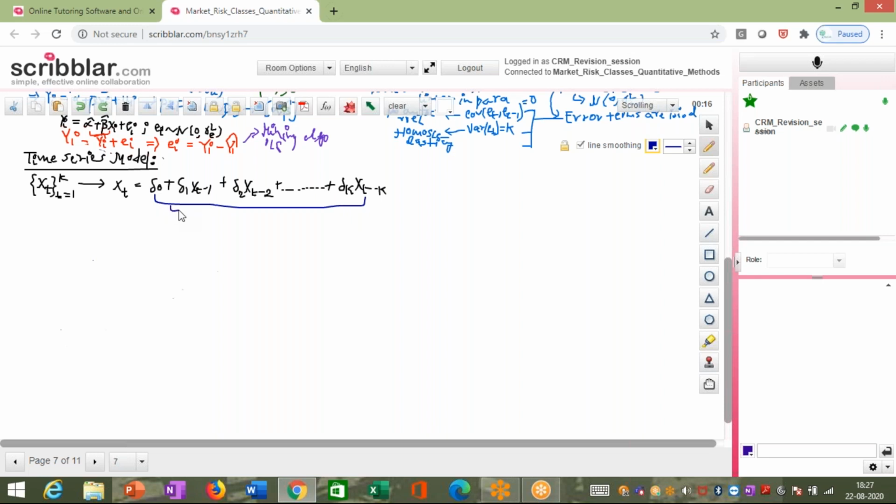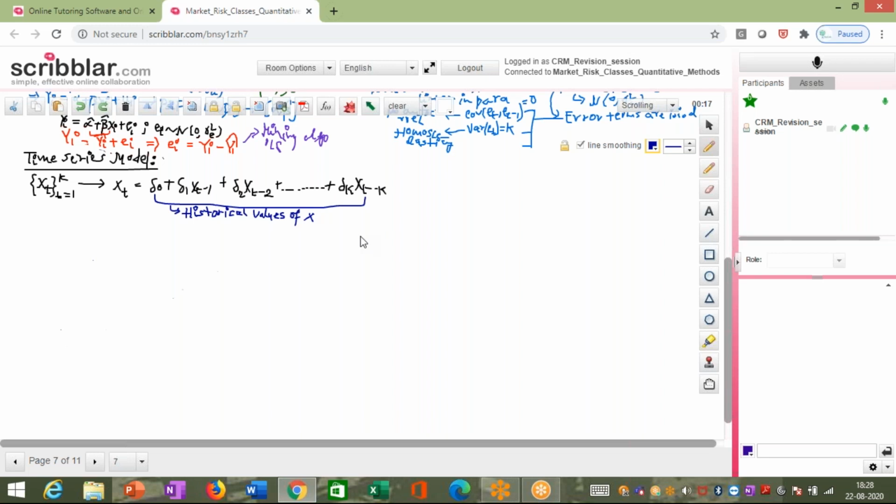So xt minus k, these are the historical values of the asset price. The historical values of X, right?